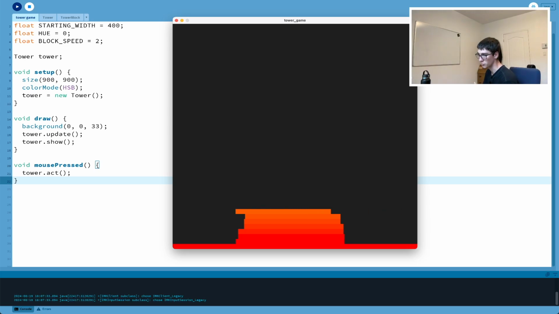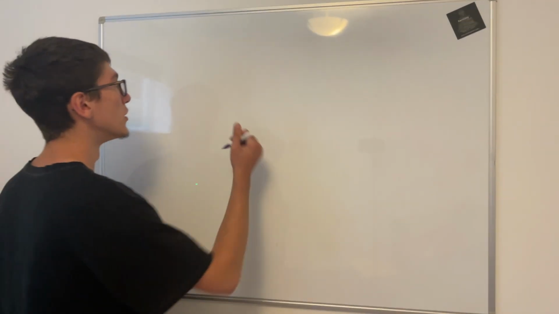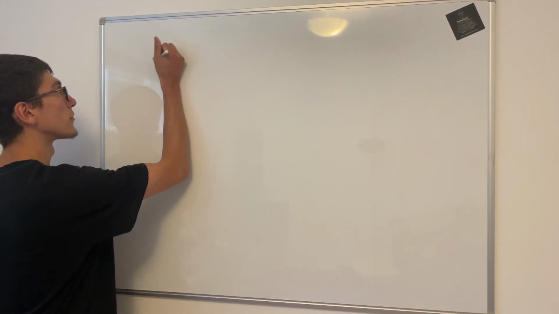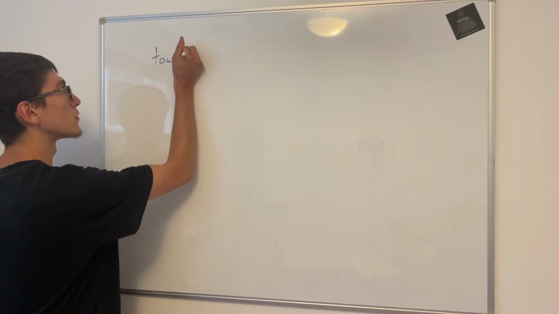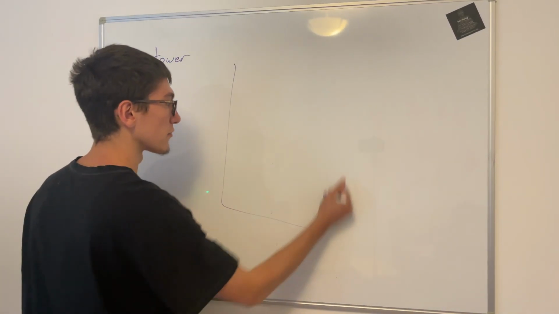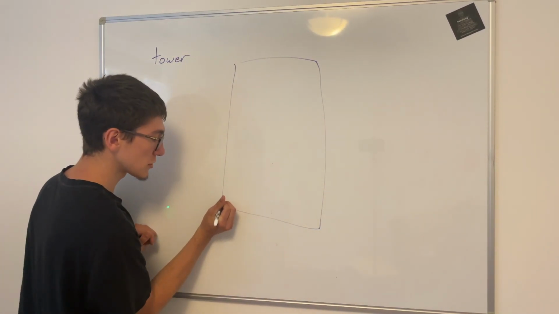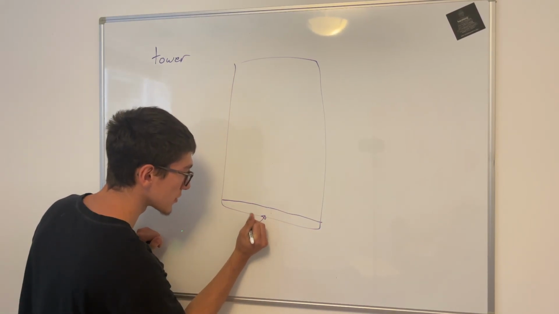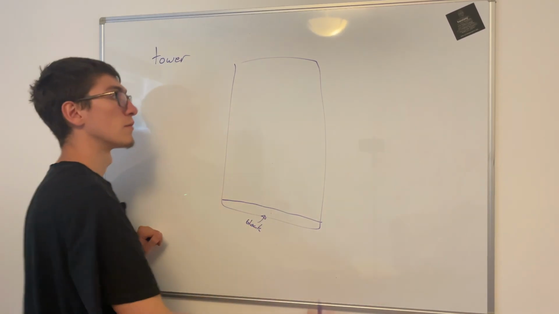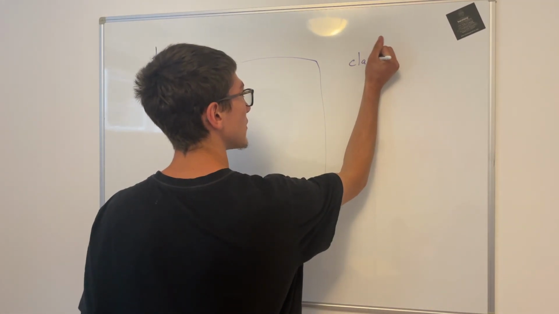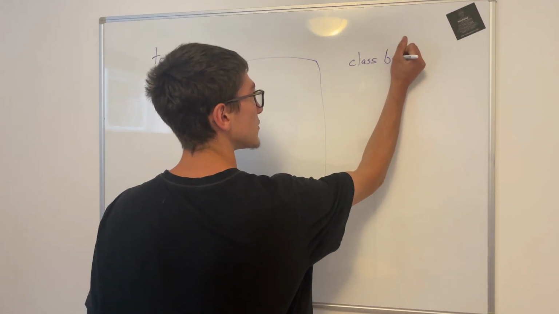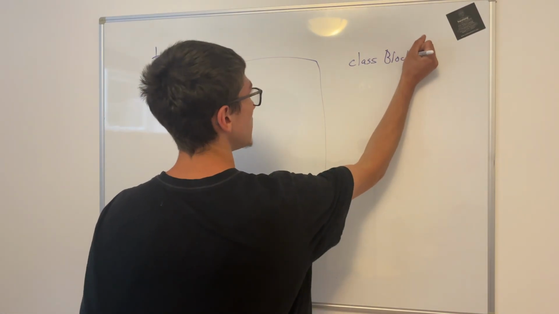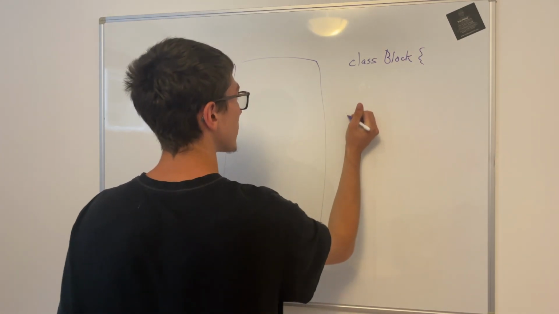Let me show you on the whiteboard the concepts for it. Okay, there. All right. So tower, right? We will have our canvas. We will start with one block at the bottom, right? So we'll have a concept of block, so we'll have a class, block, and maybe this class only has, not much in it.